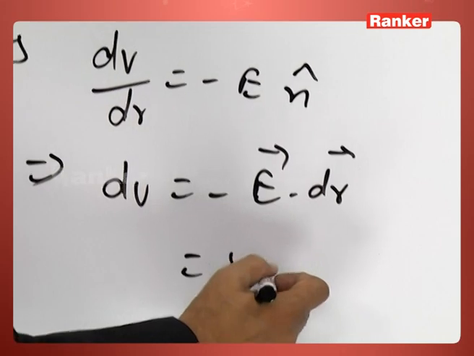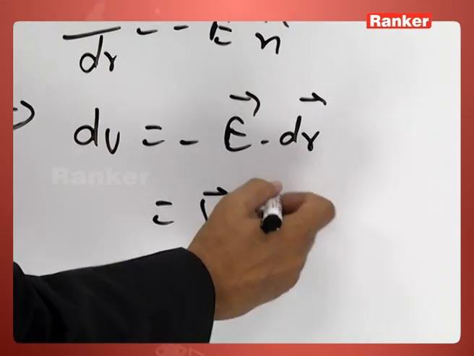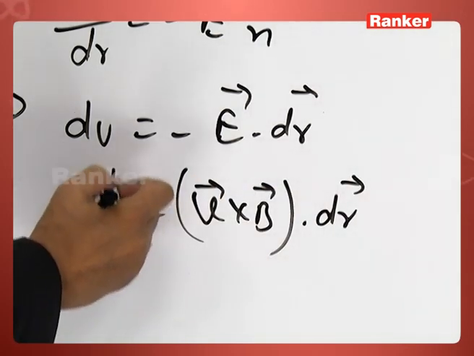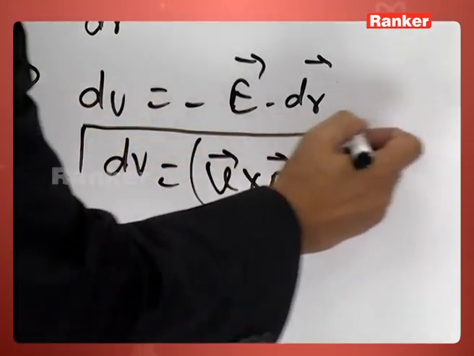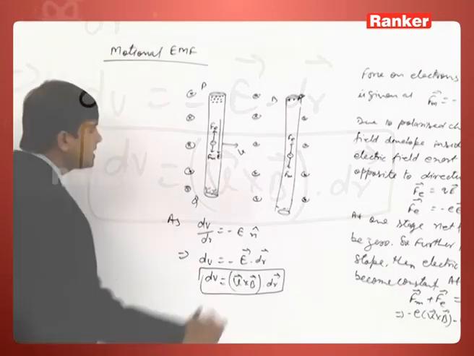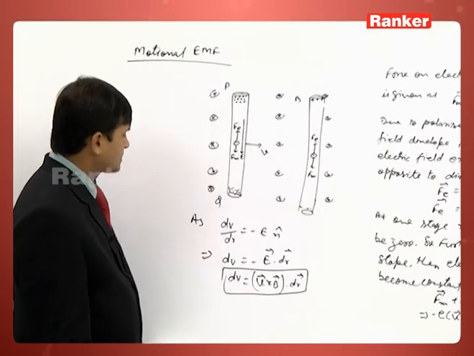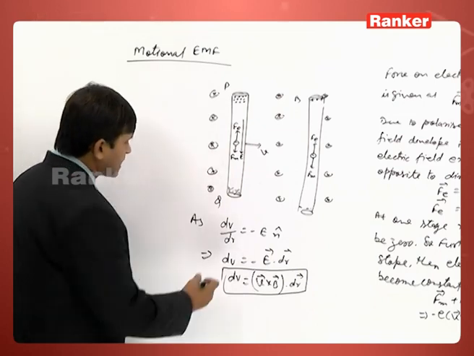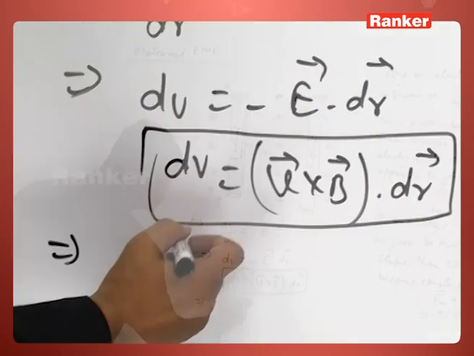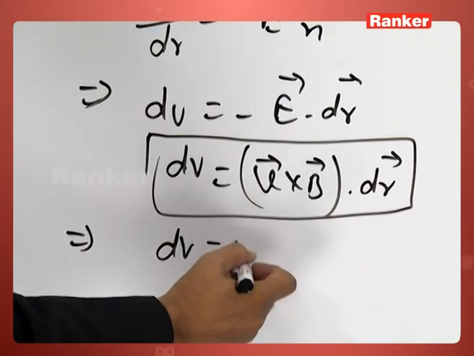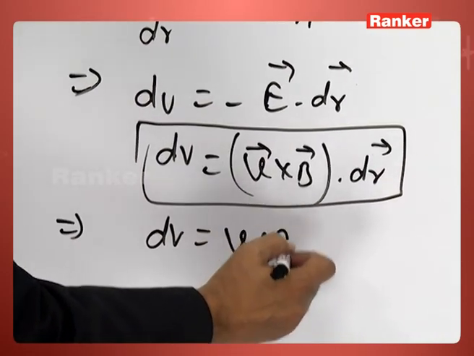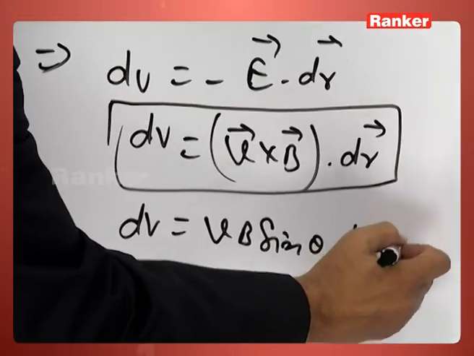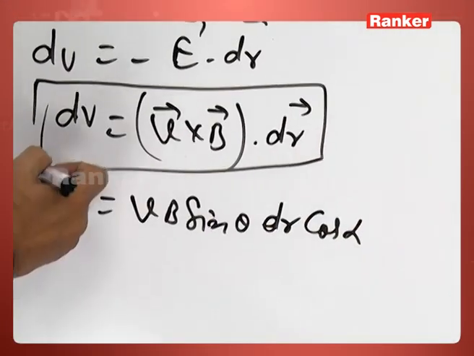So it becomes V cross B dot dr, and this gives us the potential difference between any two points. In expanded form we can write dV is equal to VB sin theta into dr cos alpha.